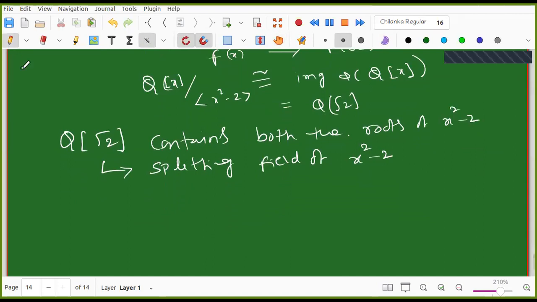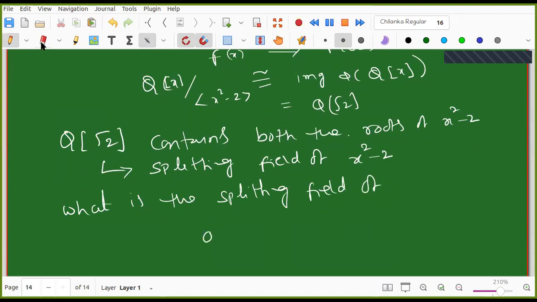So what is the splitting field of x³ - 2, which belongs to Q[x]?